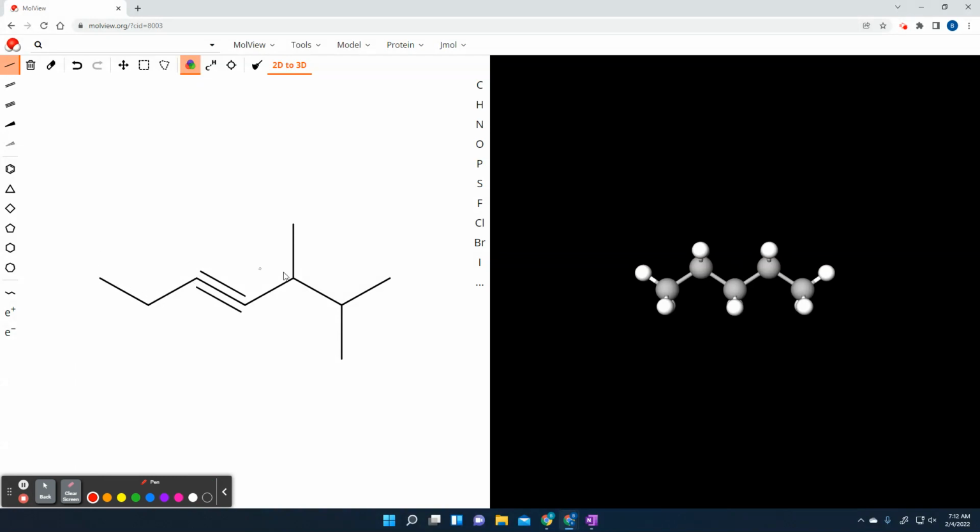This could be carbon 1, 2, or 3, or if we come from the other side, it's going to be carbon 4 and 5. So we'll go from the left. 1, 2, 3, 4, 5, 6, and 7. So now we have a 3-heptyne. Looks like a couple of methyl branches, one on carbon 5, one on carbon 6.